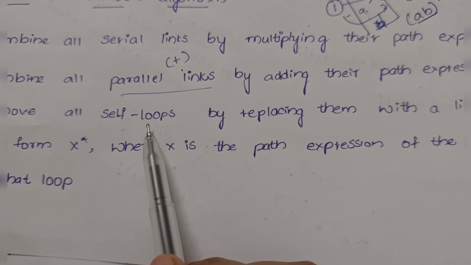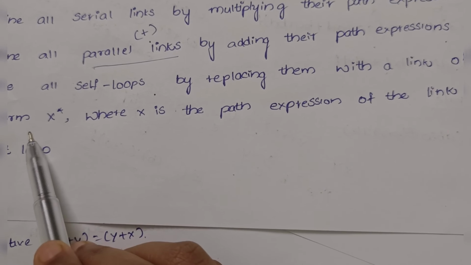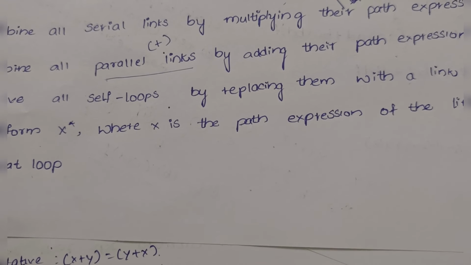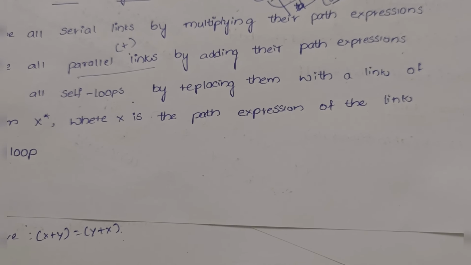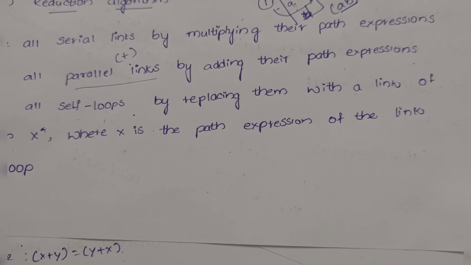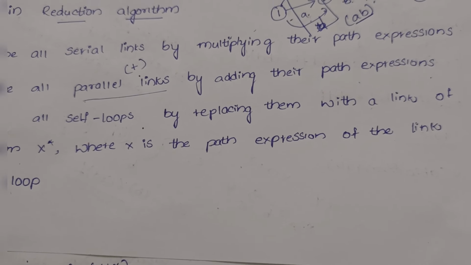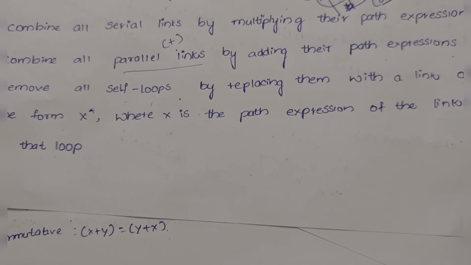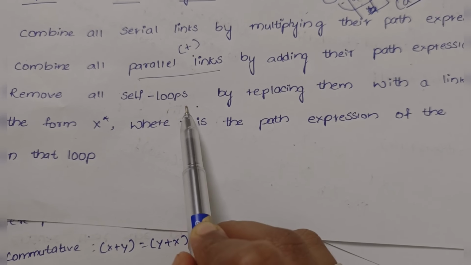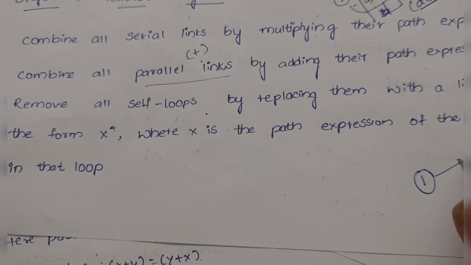Third, remove all self loops by replacing them with a link of the form X star, where X is the path expression of the link in that loop. Here, self loops are nothing but a node to itself, like here 1 to 2.